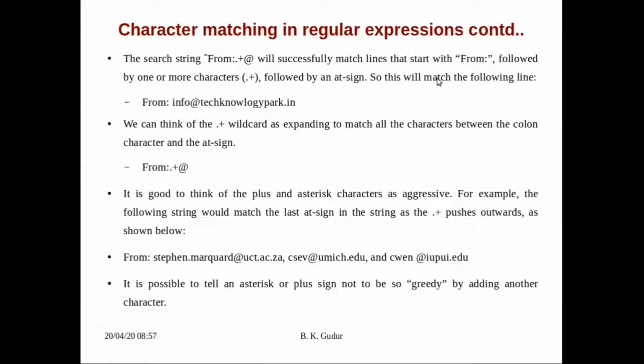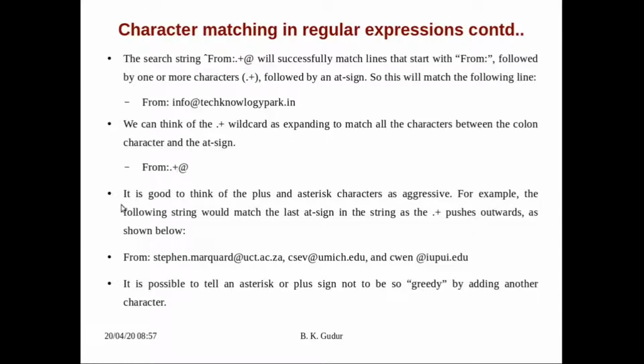So this will match a line like from so and so info at so and so. We can think of the dot plus wildcard as expanding to match all the characters between the colon character and the at sign. It can match any number of characters between the colon and the at.